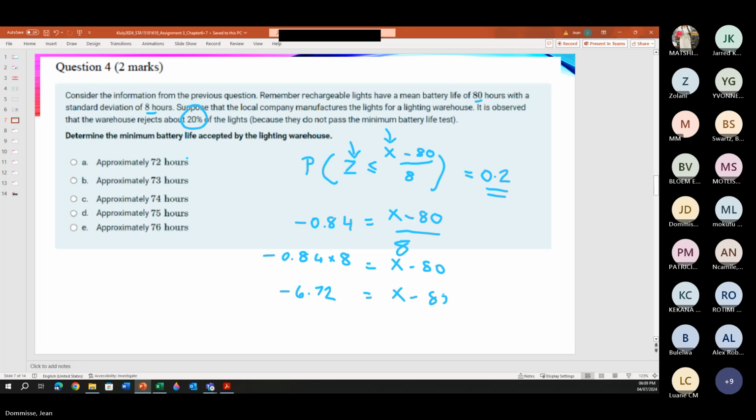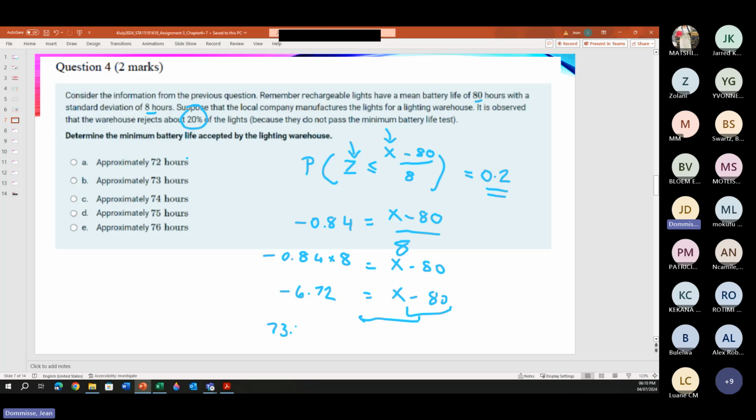So if I take the 80 across to that side, it becomes positive. So minus 6.72 plus 80 gives me 73.28.